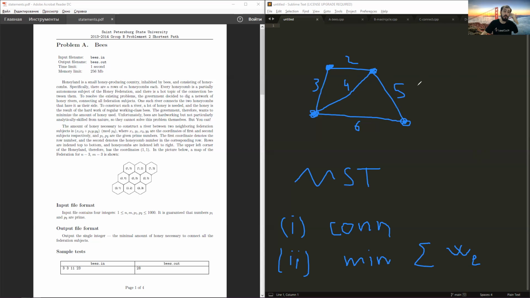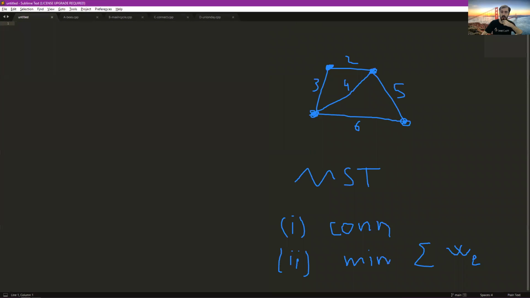Okay, so there are two main algorithms that you can use to find MST. They both have specific use cases, but to understand why they work, there will be a couple of main lemmas. We will prove them as we prove the algorithms. There are two algorithms.